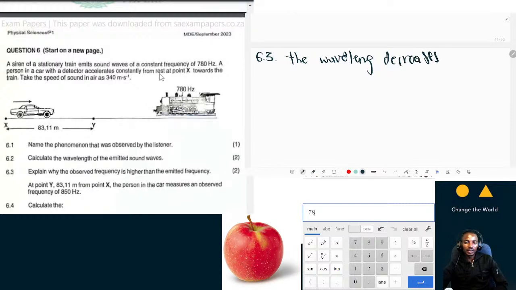So what is happening here is that as the car is moving towards the train, the sound waves are going to collide with the car. As a result, the wavelength is decreasing, which results in an increase in frequency.